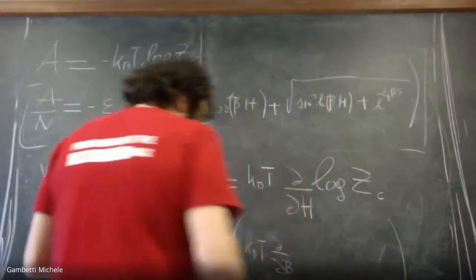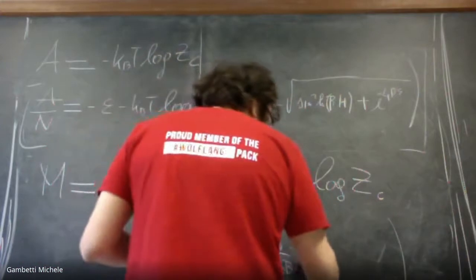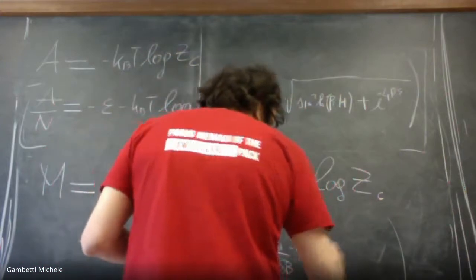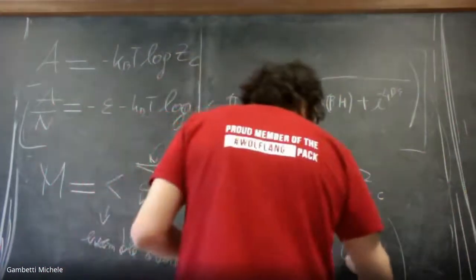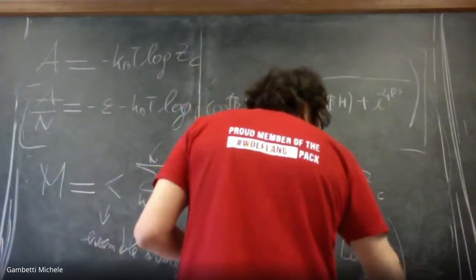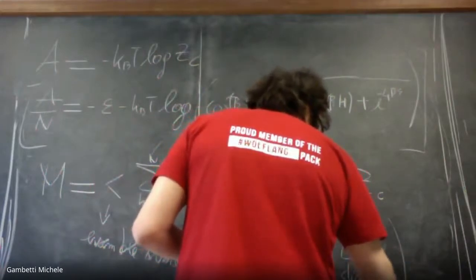I'm sorry, the notation is slightly different. And here I have the log of the canonical partition function, similar now to the magnetization.